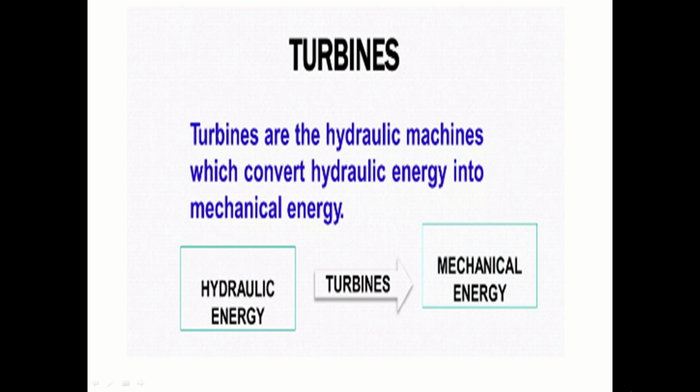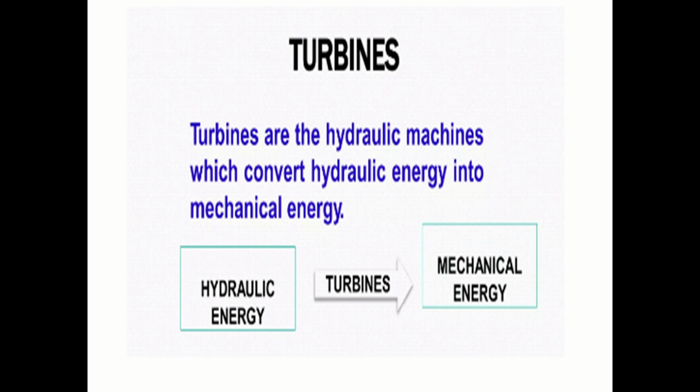So when the turbine comes into contact with the water, because of the force of the water, there will be some impulse developed on the vanes of the turbine, and due to that impulse developed, the impeller will be rotating.